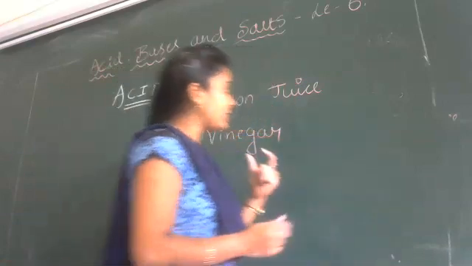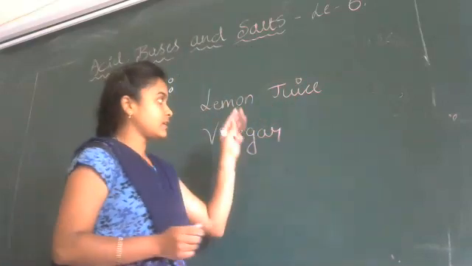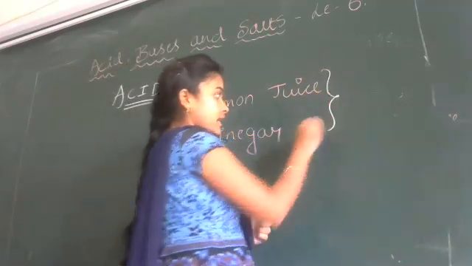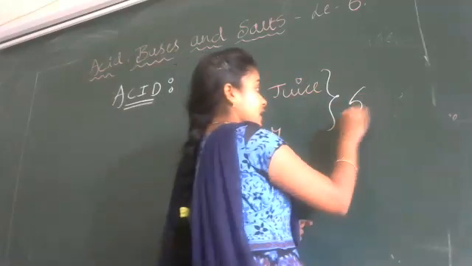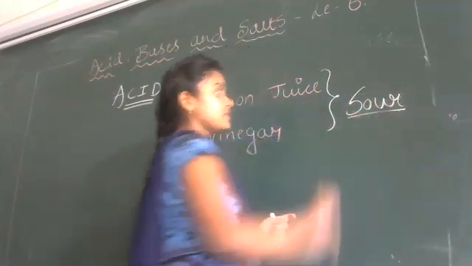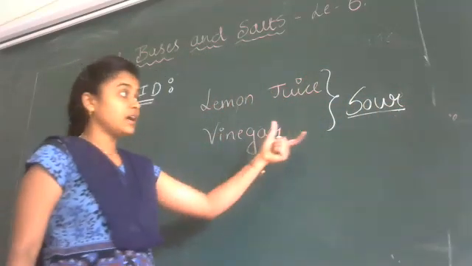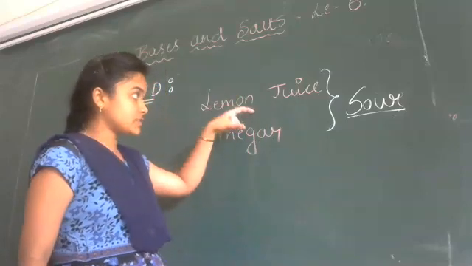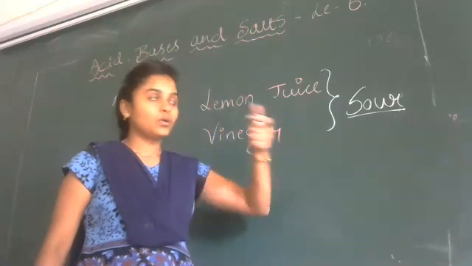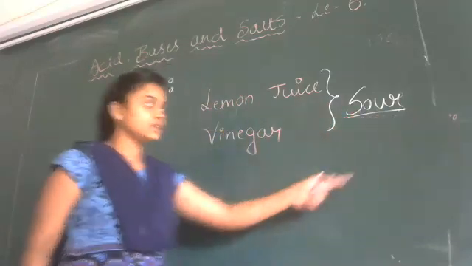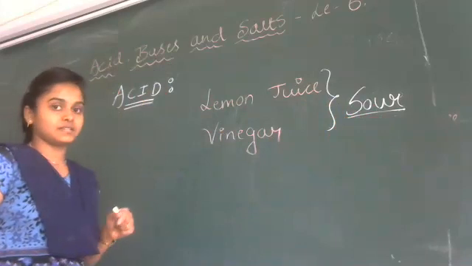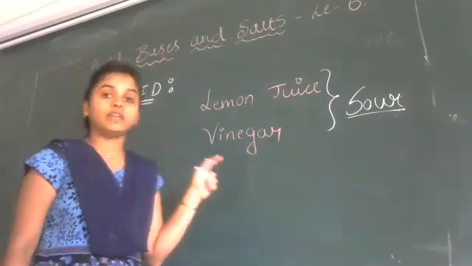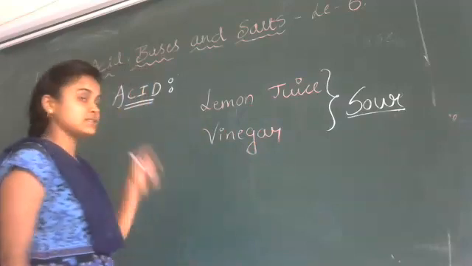Here I have taken two examples, lemon juice and vinegar. How do these taste? They are sour in taste, right? So the substances which are sour in taste contain acids. Lemon juice consists of acids, and vinegar also consists of acid.